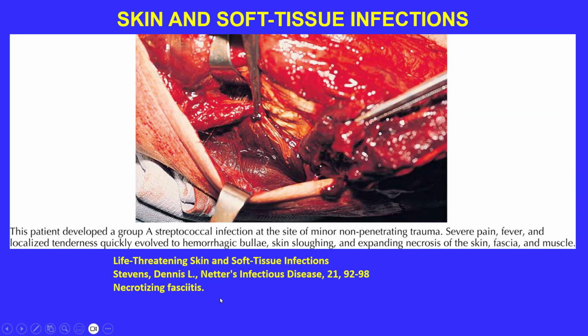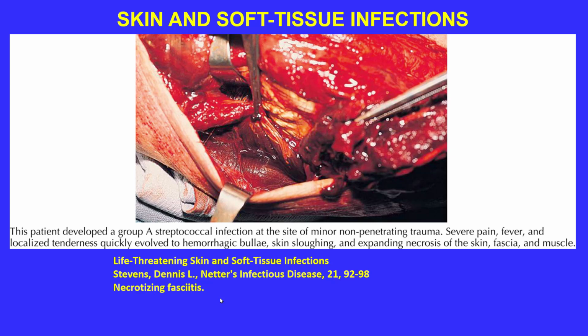Okay, and finally we have this situation where basically the group A streptococcal infection has gone deeper. Now the patient developed it, and this was at a site of a minor non-penetrating trauma.